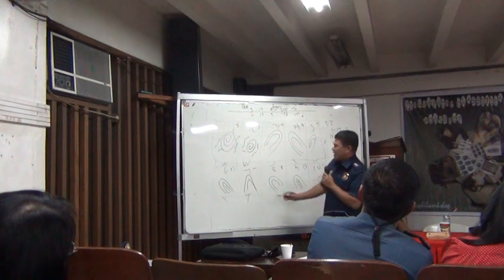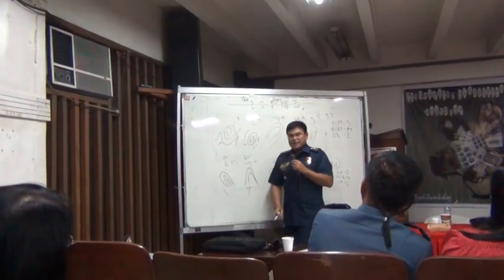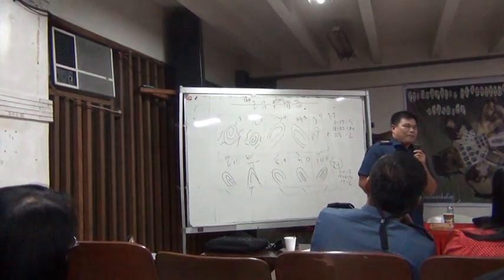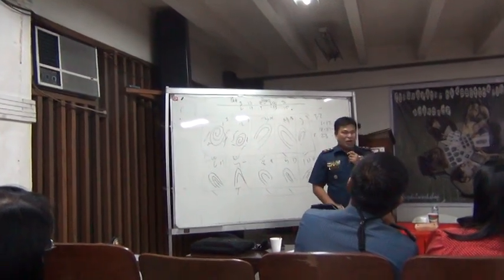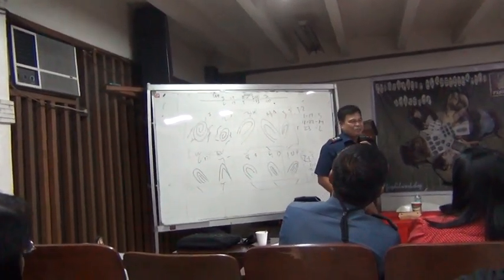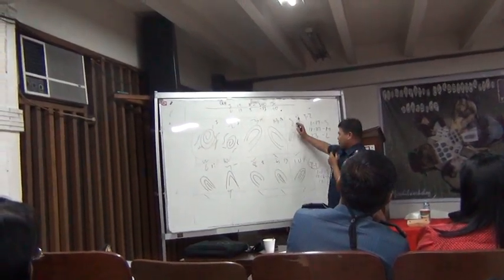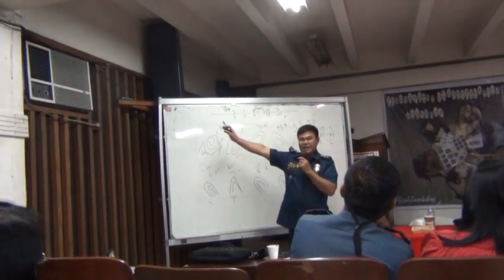So, punta tayo sa key. Doon sa key, that is the reach count of the first loop appearing in the set of pattern with the exception of the two little finger. Ibig sabihin, hindi po kasama yung little finger pagdating sa key.